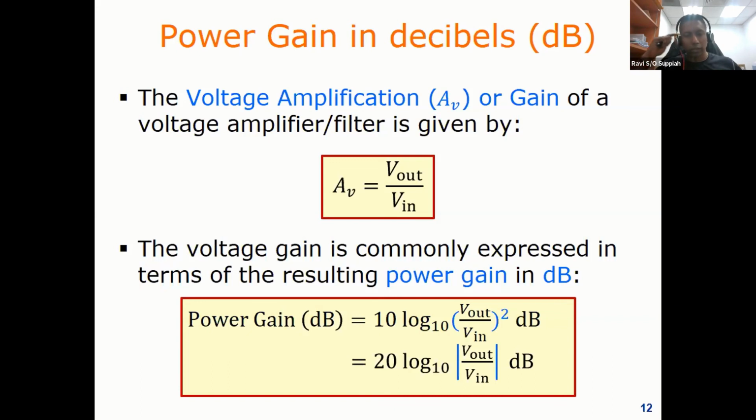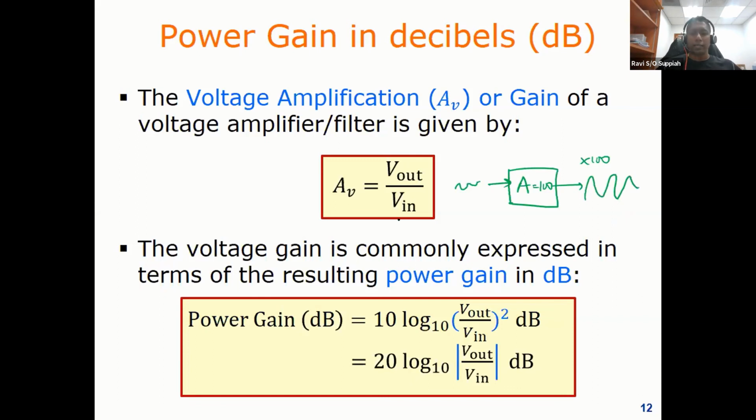Normally when you talk about gain, if I take any black box, for example, and I say that this system is providing me with a gain of maybe 100, then whatever signal I pass in here, when it comes out, it will be multiplied by 100. So the gain is described as V out over V in.